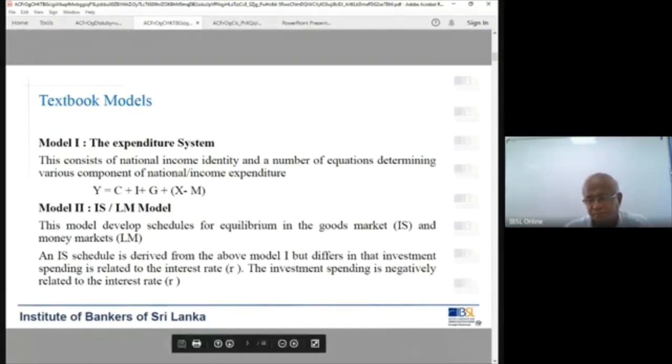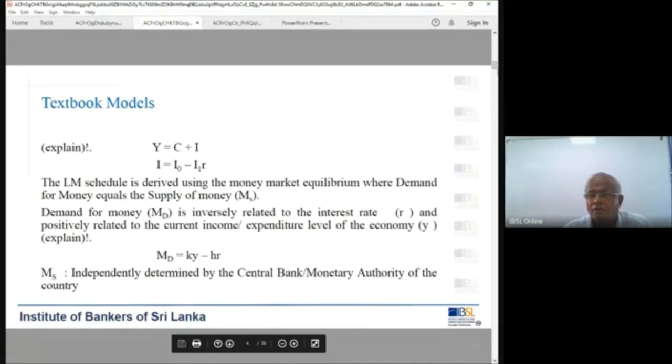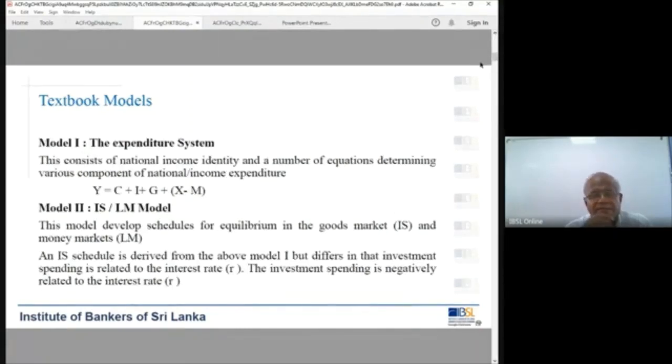IS-LM model. This model develops schedules for equilibrium in the goods market and the money market, LM. Goods market, money market, real sector, monetary sector.